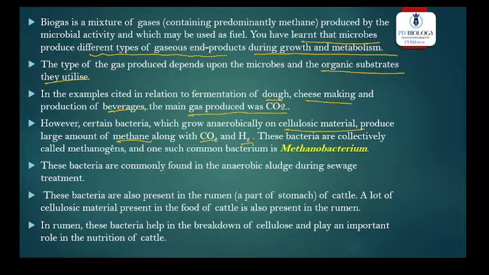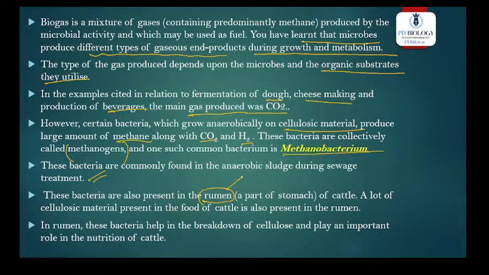These bacteria are collectively called methanogens, that is Methanobacterium. These bacteria are commonly found in the anaerobic sludge during sewage treatment. The bacteria are also present in the rumen, very important.